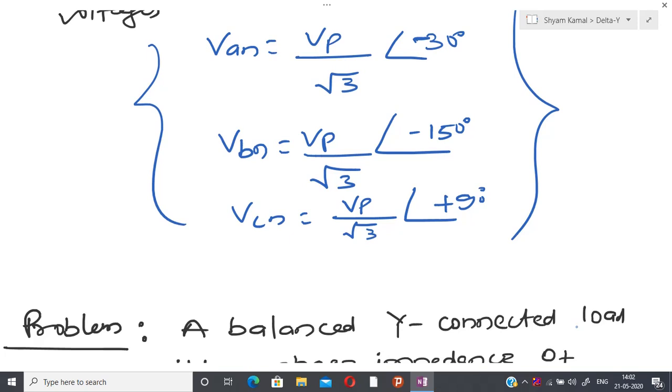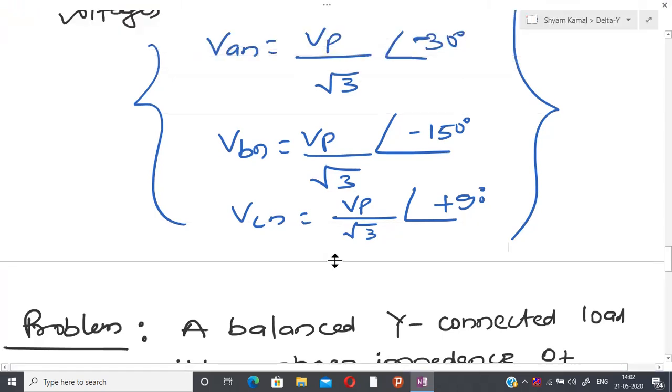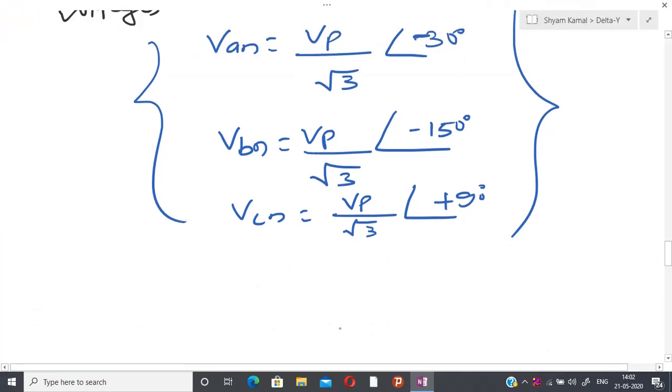Now what we have seen, if you look at the configuration, is that the delta source may or may not have impedance.